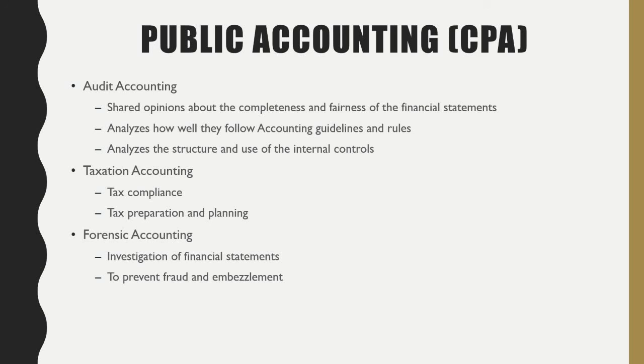Second is doing taxes. This is one of the largest portions in public accounting that you will often see, because when we're dealing with taxes at a corporate level, corporations don't file taxes until the end of the year.